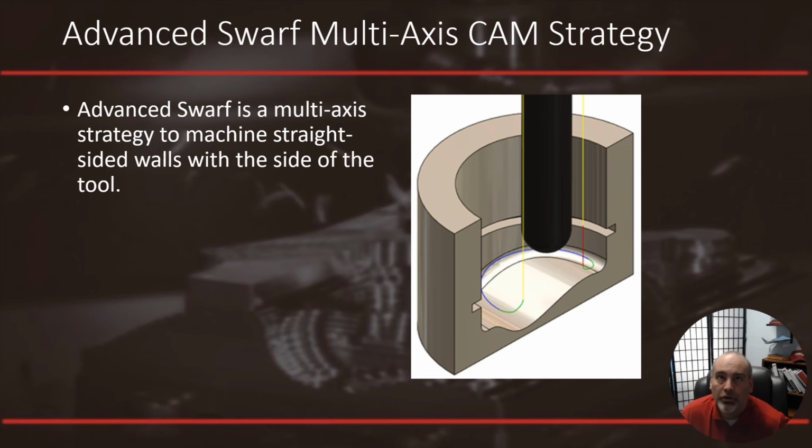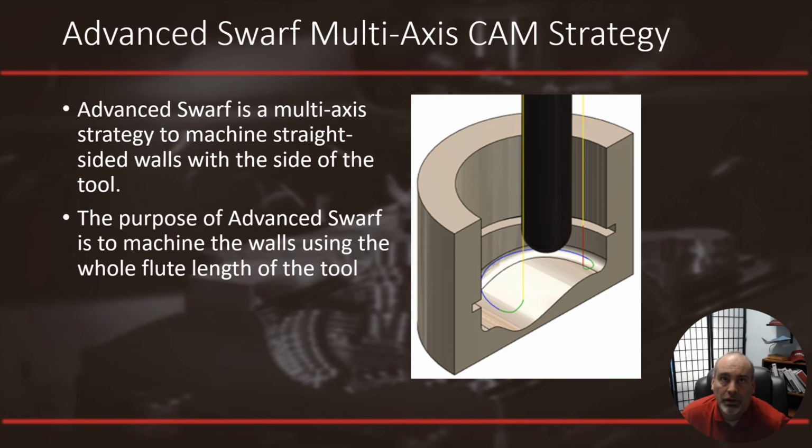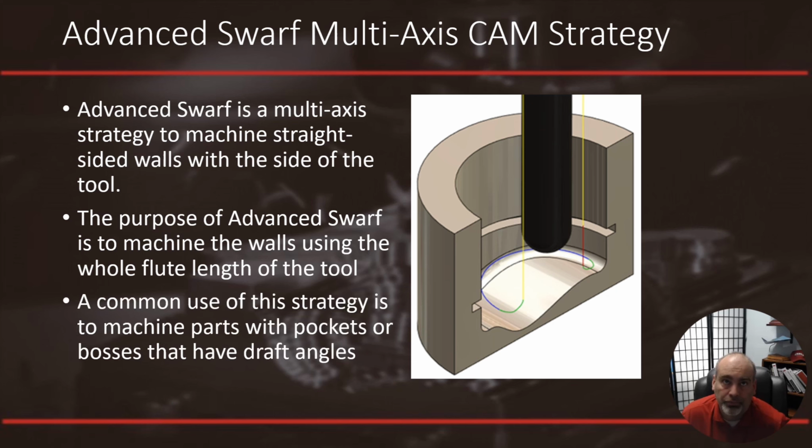The Advanced Swarf is a multi-axis strategy to machine straight-sided walls with the side of a tool. The purpose of the Advanced Swarf is to machine the walls using the whole flute length of the tool. A common use of this strategy is to machine parts with pockets or bosses that have draft angles.